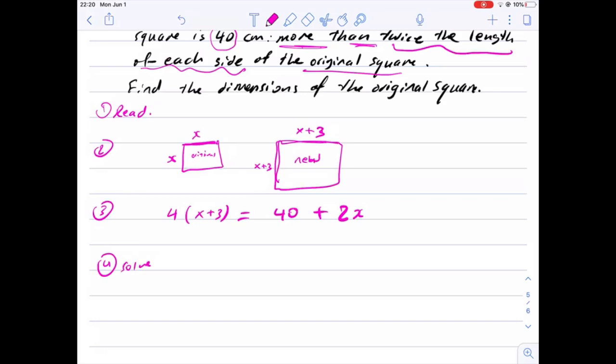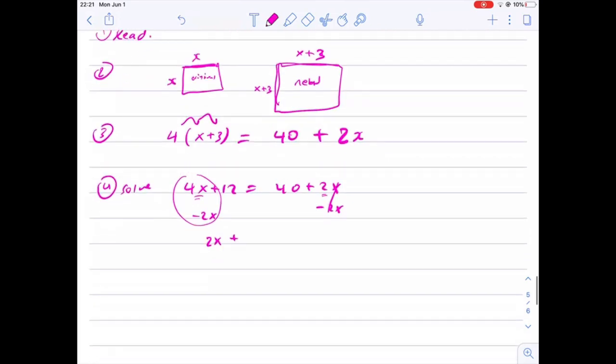Now after writing the equation, step 4 is to solve. We solve as we learned in the previous section. We have 4x plus 12 equals 40 plus 2x. And then we subtract 2x from both sides because 2x is less than 4x. You get 2x plus 12 equals 40.